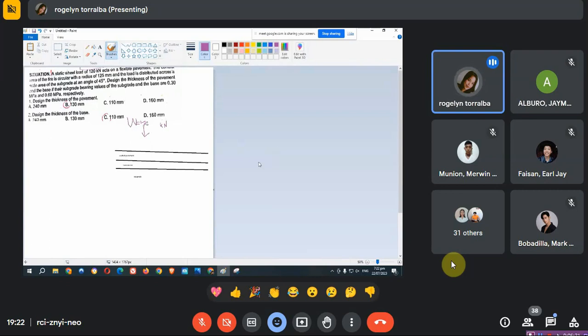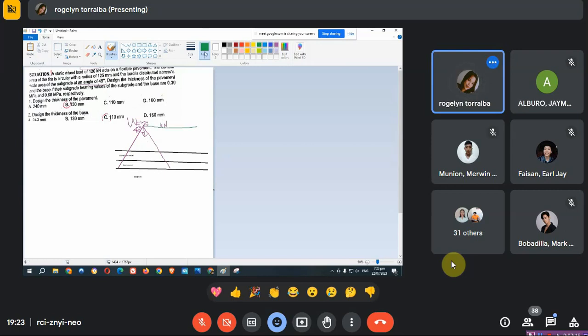What is the cone distribution method? Meaning, we assume a cone. This is how we do it. It is at 45 degrees, as stated: distributed across a wide area of the subgrade at an angle of 45 degrees. In short, 45 on both sides. Before we proceed to solving, let us label everything.